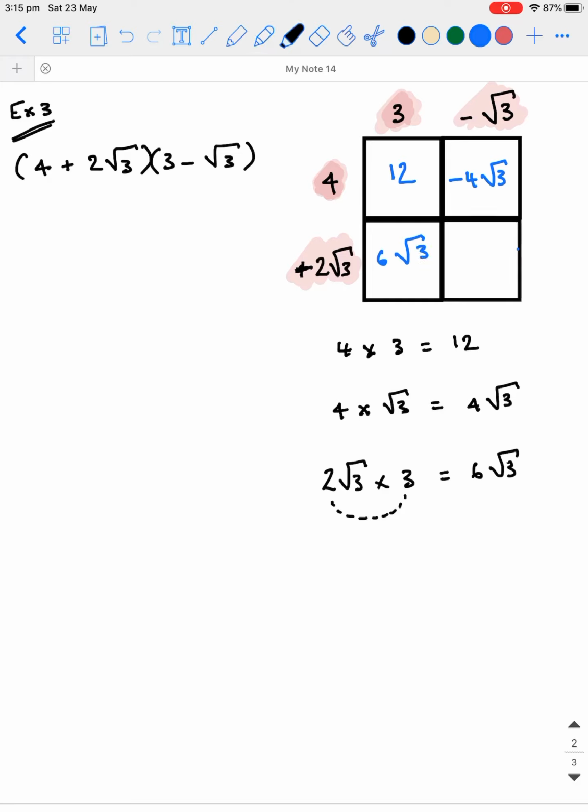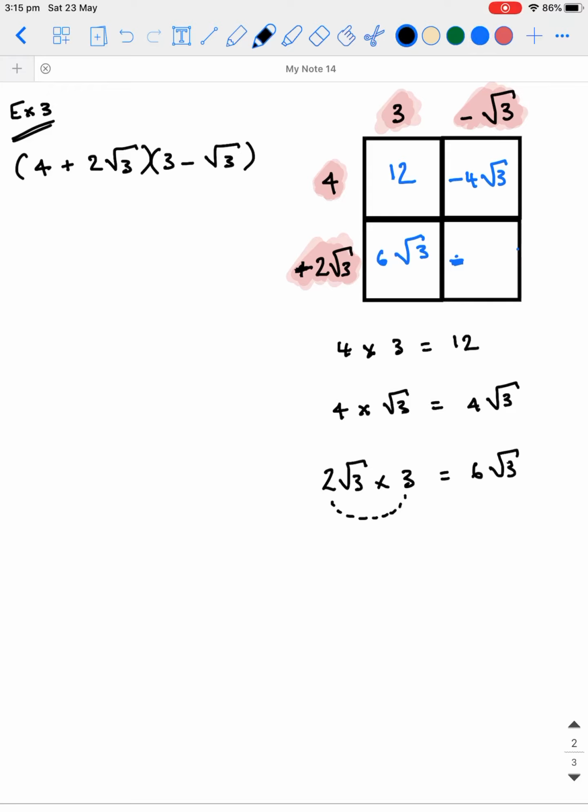And if I then take the last 2 terms to multiply, I want to take the 2 root 3 again and multiply it by the negative root 3. Now what I notice is that the 2 root 3 is positive, the negative root of 3 is negative, a positive multiplied by a negative is a negative.